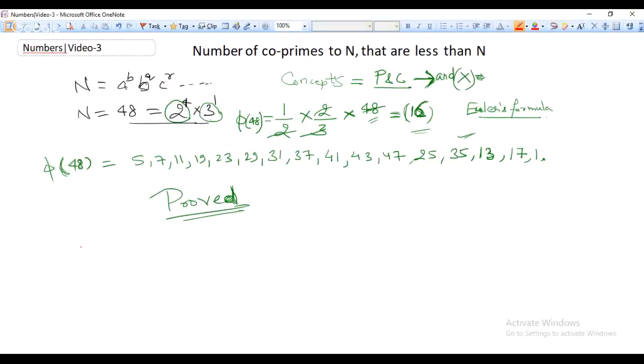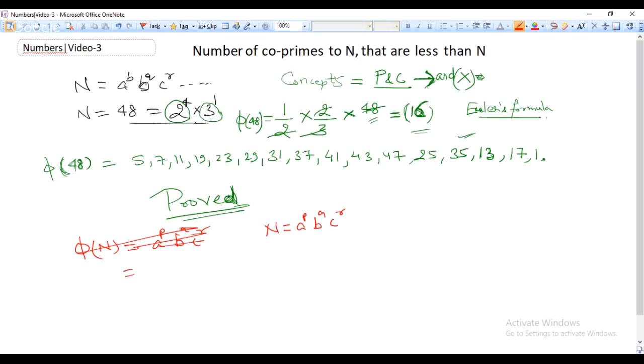The general formula here: a number n in the form a to the power p, b to the power q, and c to the power r, what will phi n be?